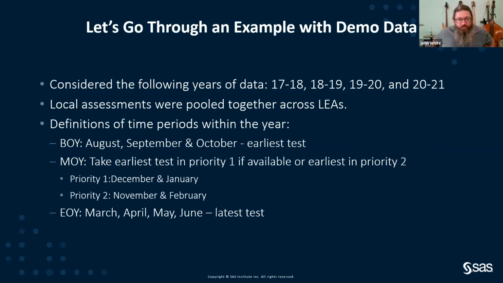So we really considered, in the unfinished teaching and learning project, some of this with respect to CDT, so we had 17-18 data. But in general, we really focused on the 3 years of 18-19, 19-20, and 2021.